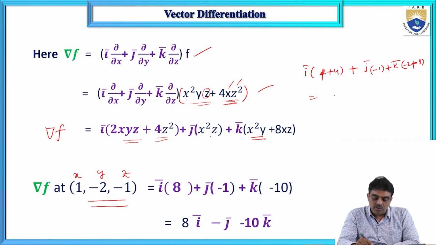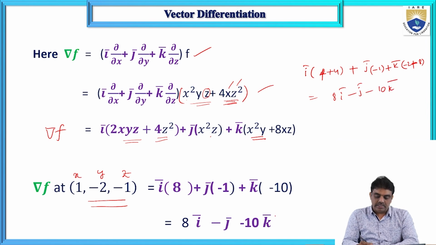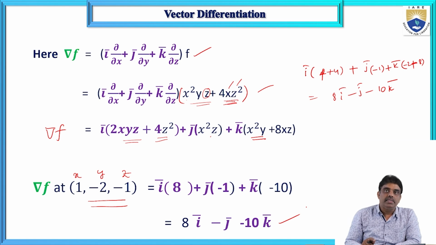So this is equal to 8 i bar minus j bar minus 10 k bar. That is 8 i bar minus j bar minus 10 k bar will be the normal vector at the point (1, -2, -1). So what we have found here is the normal vector to the surface f at the point (1, -2, -1).